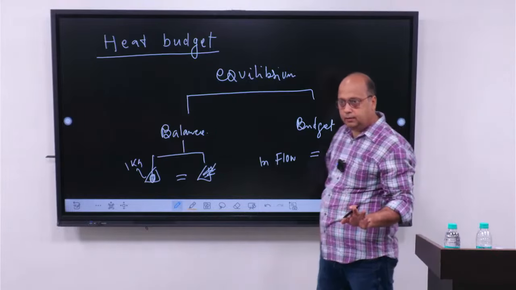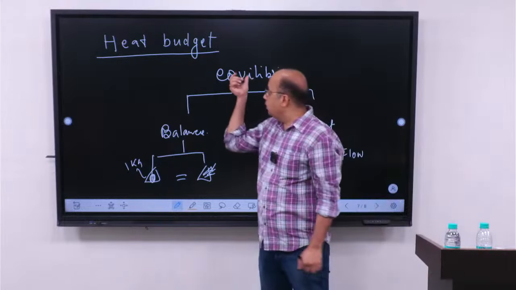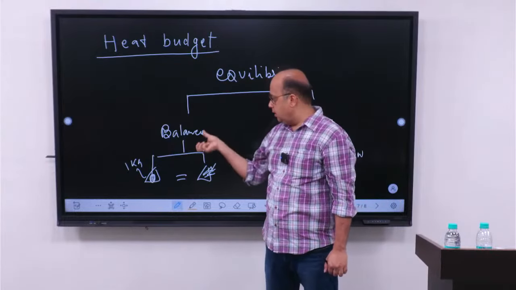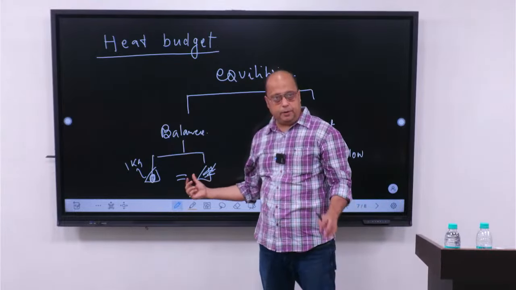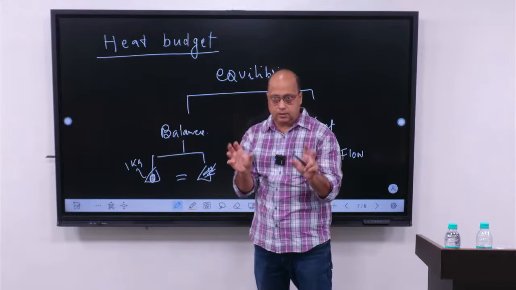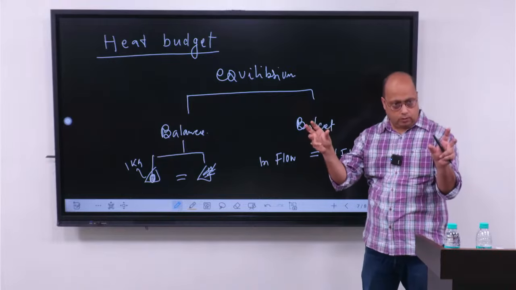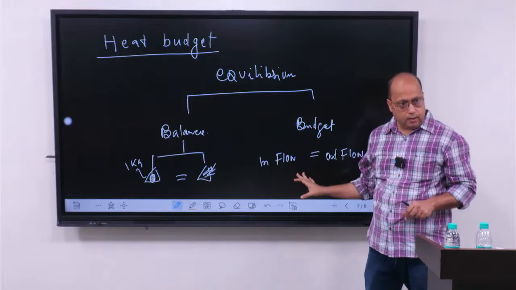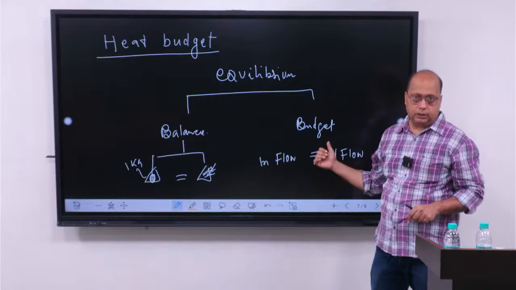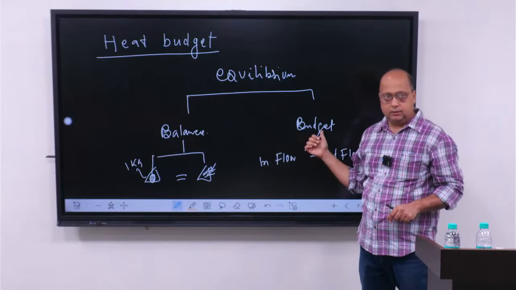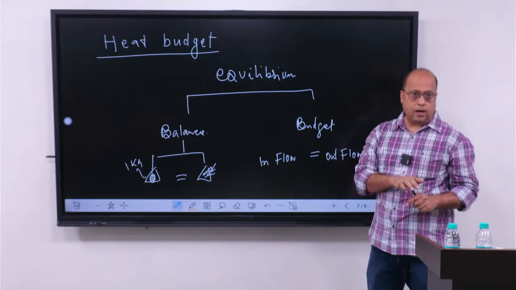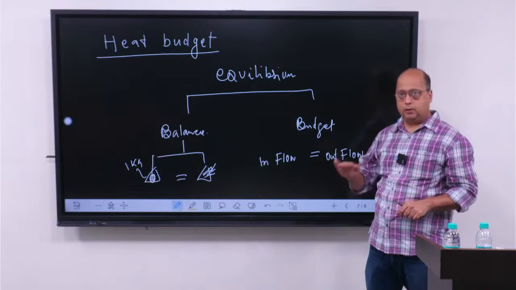Is that idea clear? So, budget means equilibrium. Under balance, we make an equilibrium between two static variables. And here we maintain a balance between two variable components. Which one is difficult? Budget or balance? Budget is difficult. We do not have an assurity it is going to have the equilibrium, right?